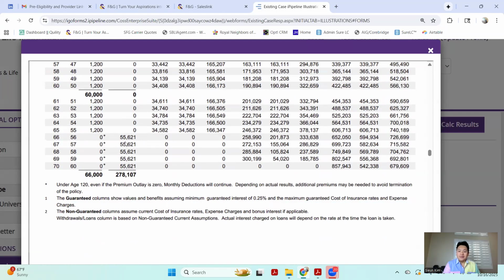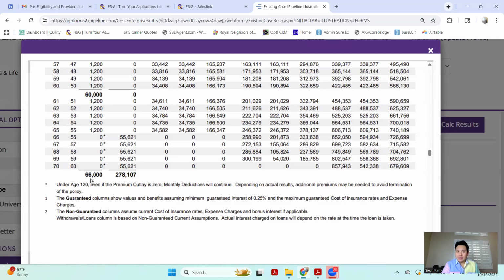How much is that? $55,621 a year. Isn't it mind-blowing how $100 a month, the parents paid into it, and you want to educate your child to become financially proficient. So you hand it to them and say, hey, now you have a job, you keep putting $100 a month into it, and this is going to be for your retirement and future. And even when the child continues to pay until 65, the premium that went in is only $66,000 over the last 55 years.